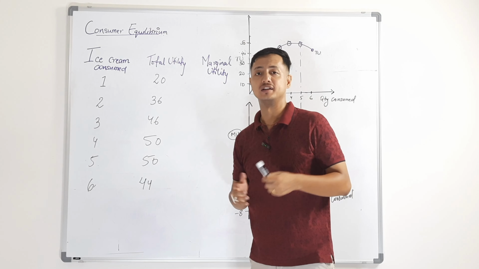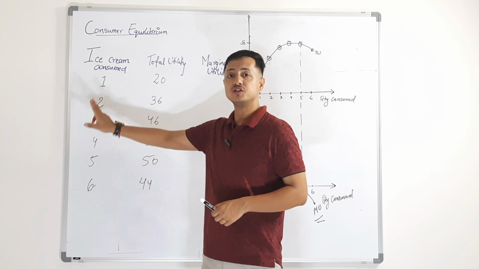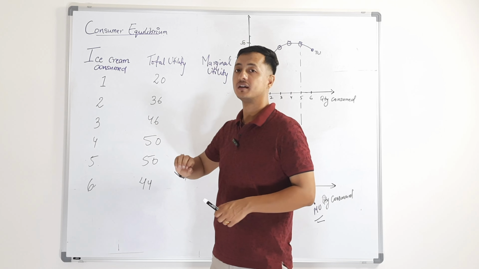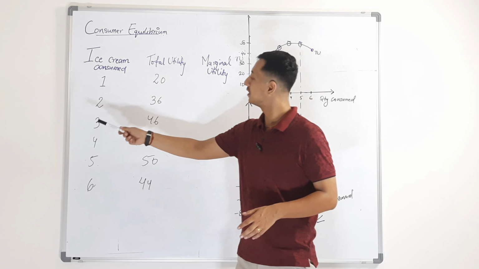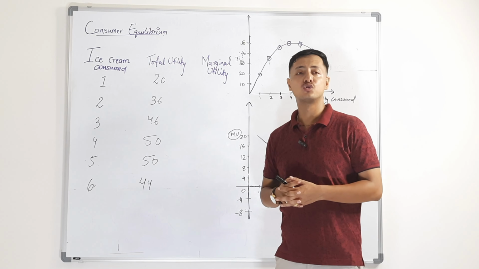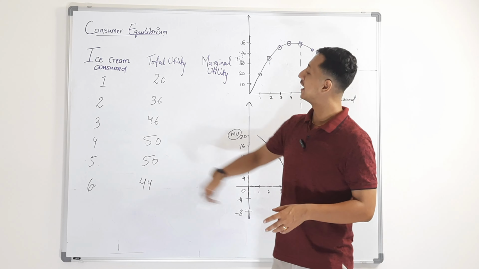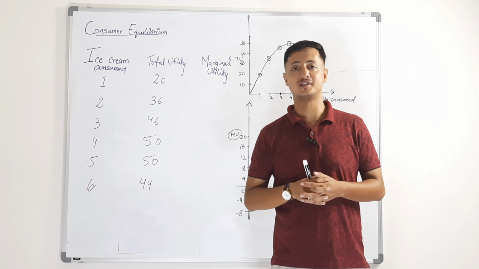Then, as he consumes a second ice cream, the utility will increase to 36. And further, with the third ice cream, the utility is still increasing, it goes on to 46. And the fourth ice cream, the utility reaches 50 utils.